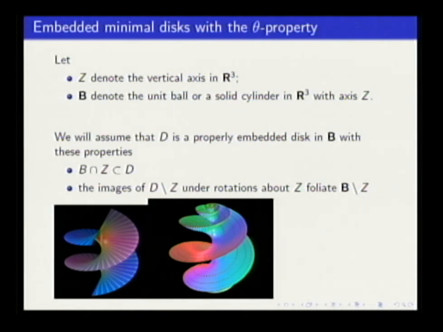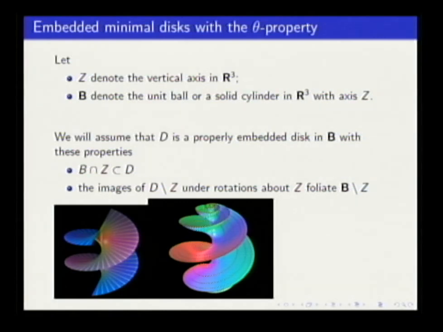So here's two examples. First of all, the helicoid is such an example. You take the helicoid, just look at the part that you get by choosing one component of the helicoid minus the axis. You rotate it around, it foliates space minus the axis.